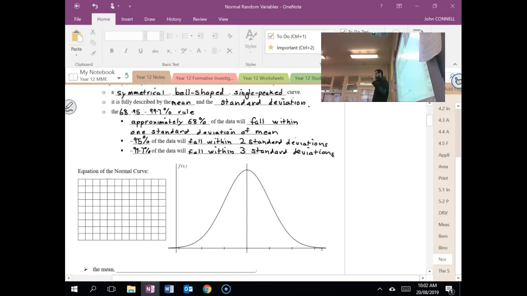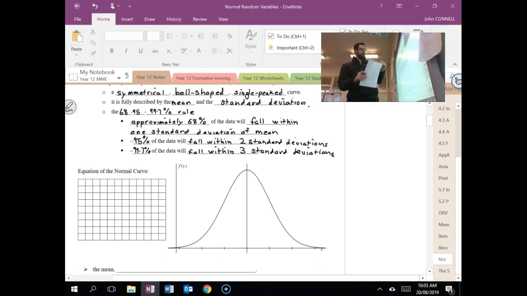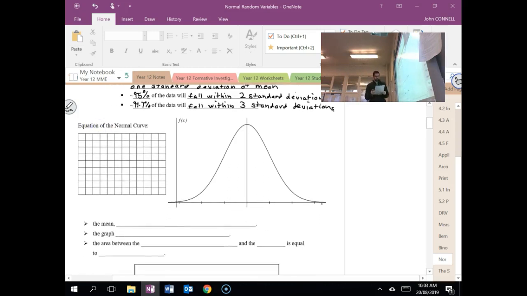So there's two ways. We can talk about it as a percentage of the data, or the probability that one value will fall within that range. I'll emphasize this again because there are two interpretations and you need to understand both to be confident with what we're doing. Different ones will expect different interpretations.